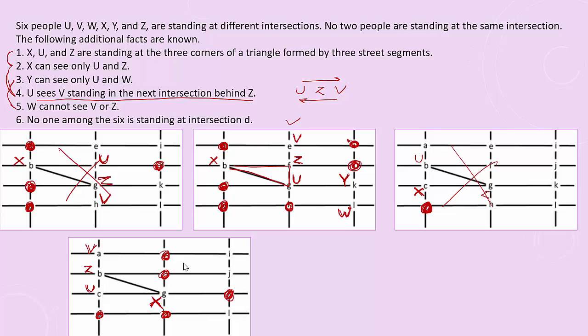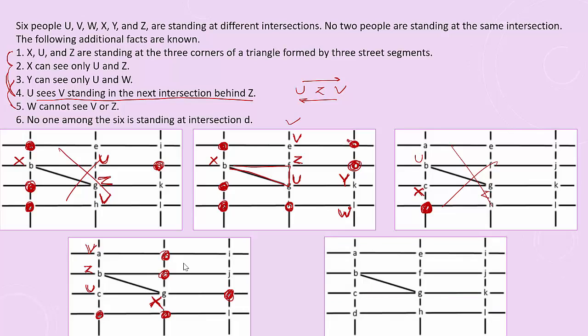And let's take one more case, where I'll keep X at this point, right? So suppose X is at this point, nobody is at this point, nobody is at this point, nobody is at this point, nobody is at this point, and in this part nobody is there, right? So my condition remains.